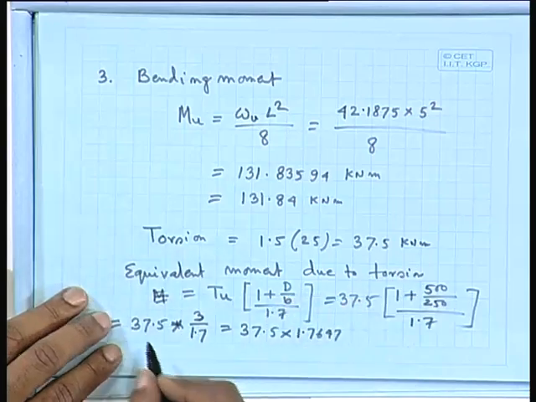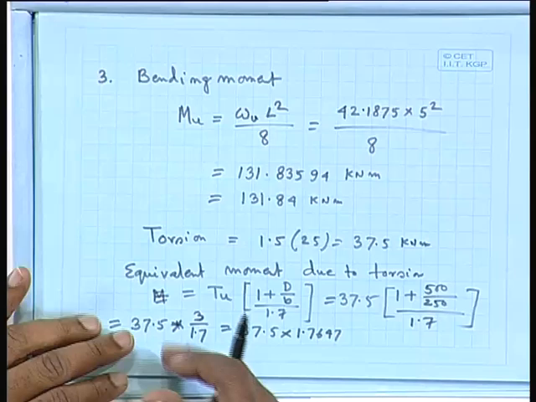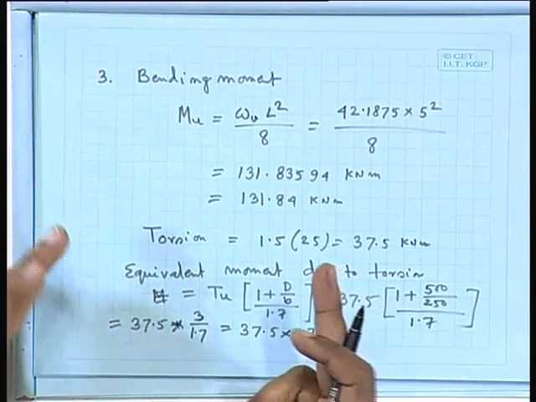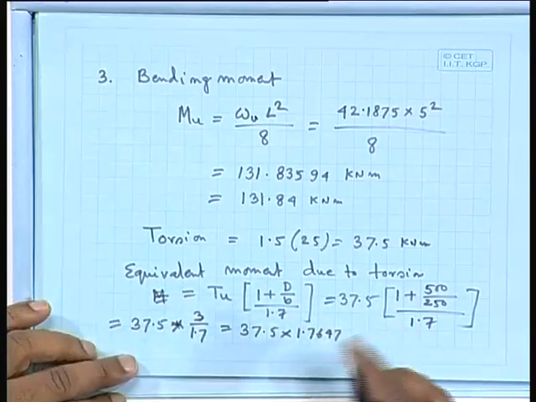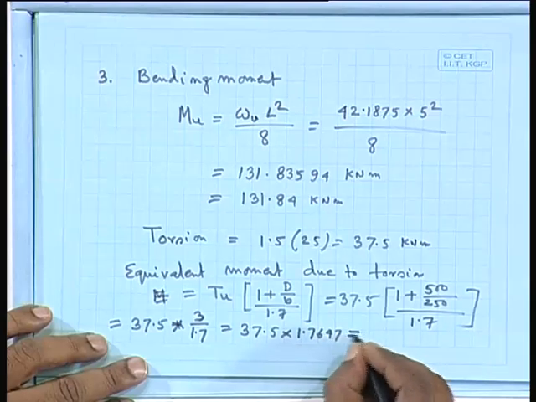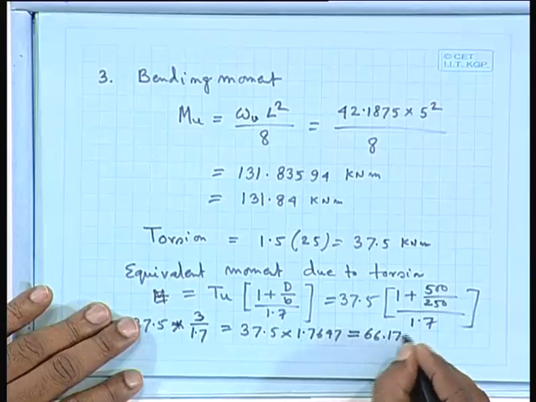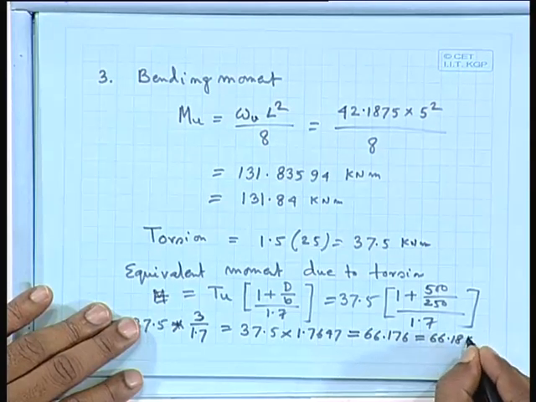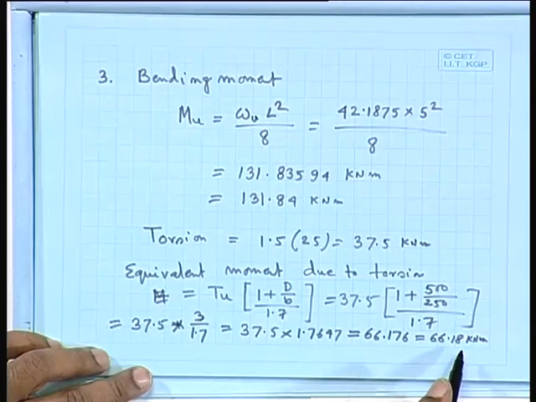If it is 37.5, in the worst case I can simply multiply with 2, twice of that. So 37.5 into 1.7647 is equal to 66.176, say 66.18 kilonewton meter.